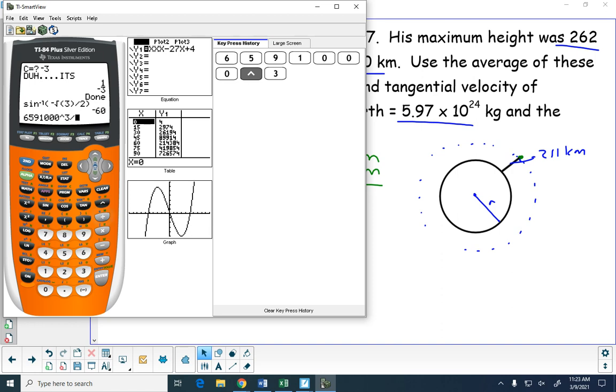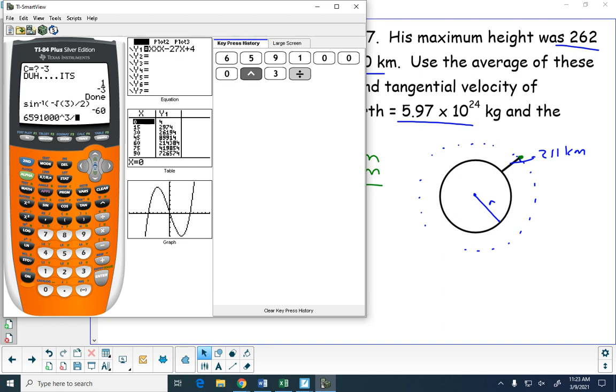And then we have to divide this by, now we can either quantify and multiply them together, or we can divide it twice. Because remember, your calculator is set up for order of operations. So if you type in 6.591 cubed divided by 6.67 times 10 to the negative 11th, it's going to divide that out.